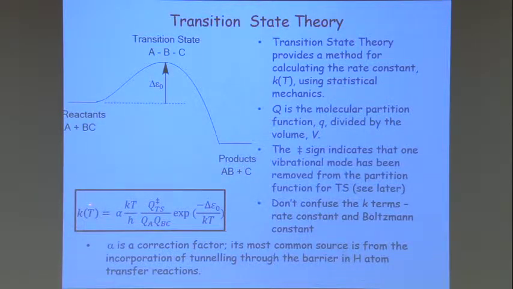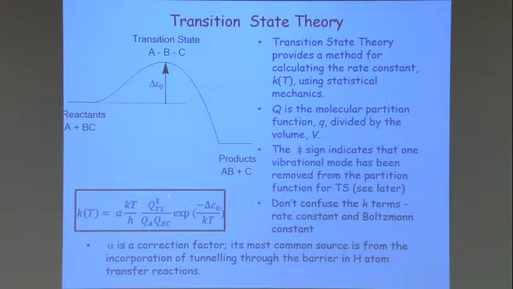And the rate constant is given by a parameter alpha multiplied by kT over h, times little q over V for the transition state with a dagger on it, over QA and QBC, the partition functions of the reactants, and then e to the minus delta E naught over kT.